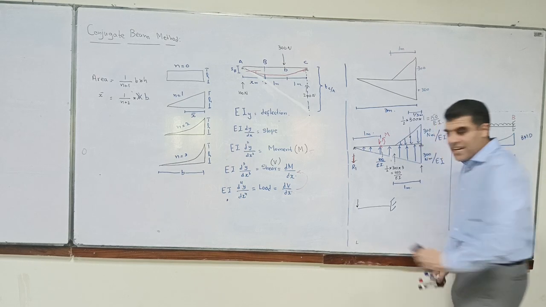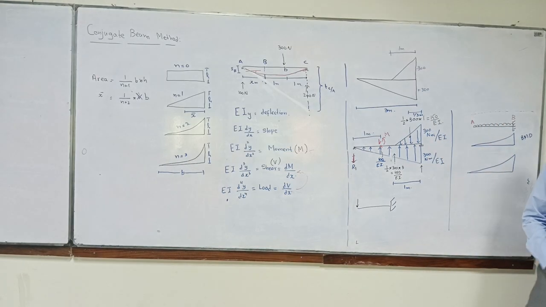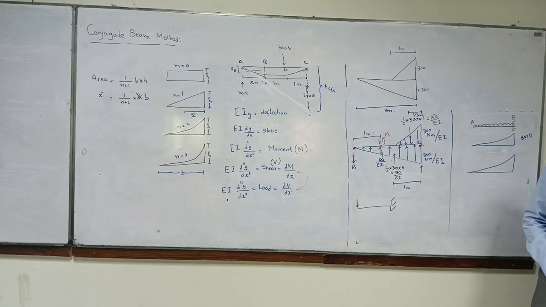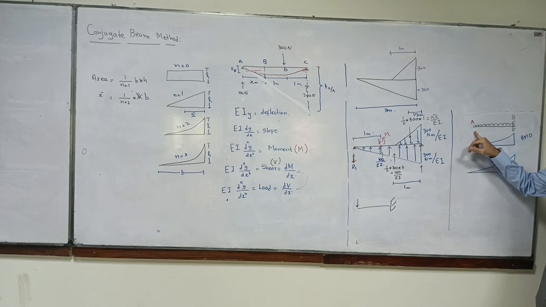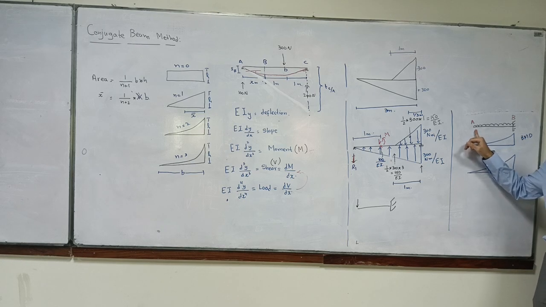If I am asked to find out deflection, for example at A, deflection is analogous to slope. So I can't use the same support conditions to find out my deflection. Why? Because the moment at A is 0.